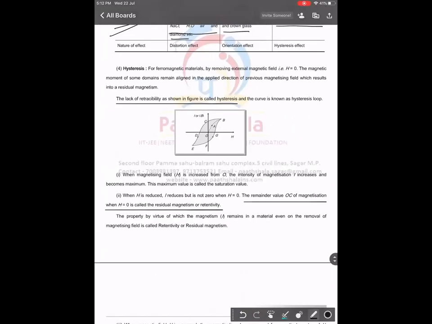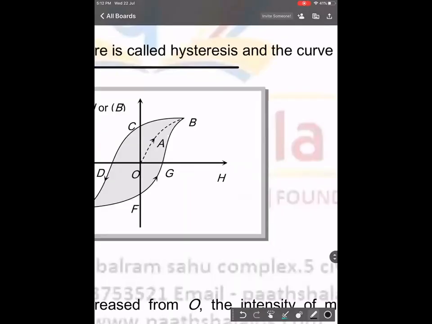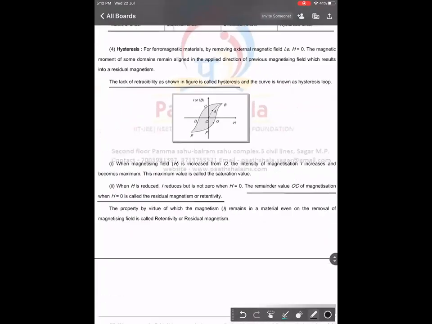Means you are giving name to the process. As you can see, O, A, B, C, D, E, F, G, B.